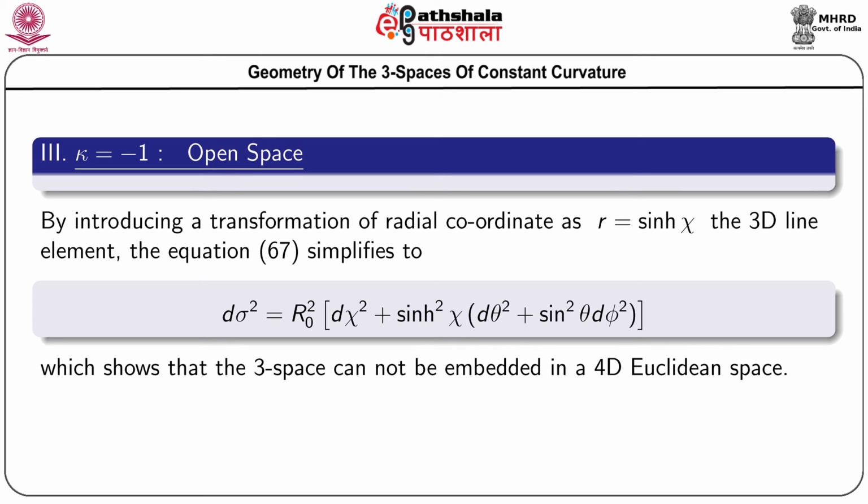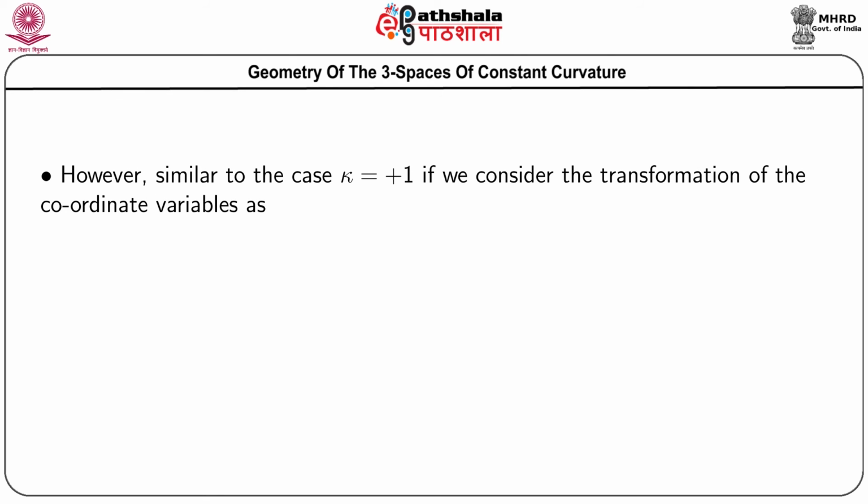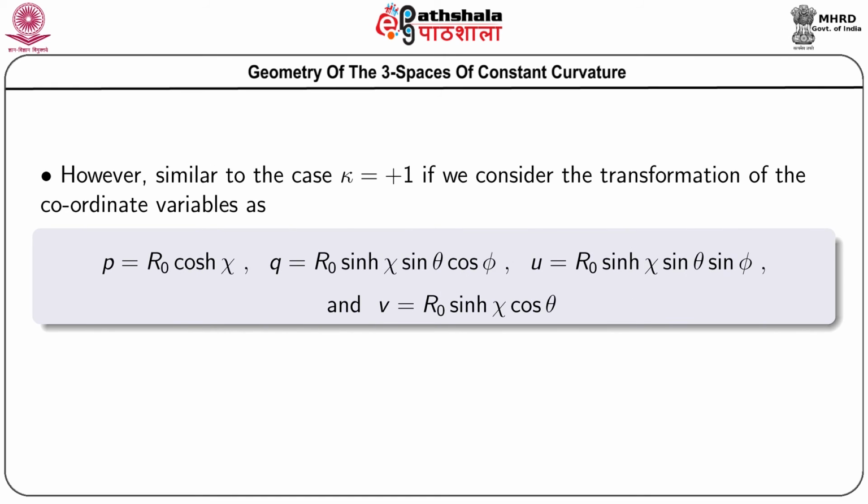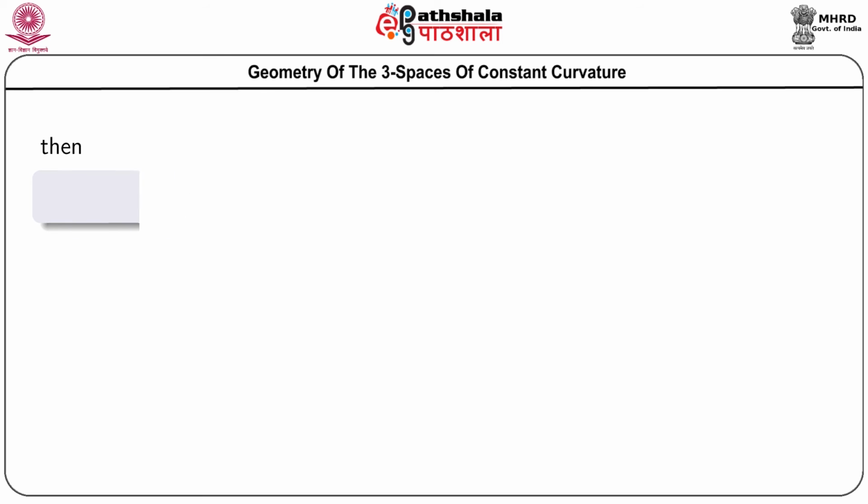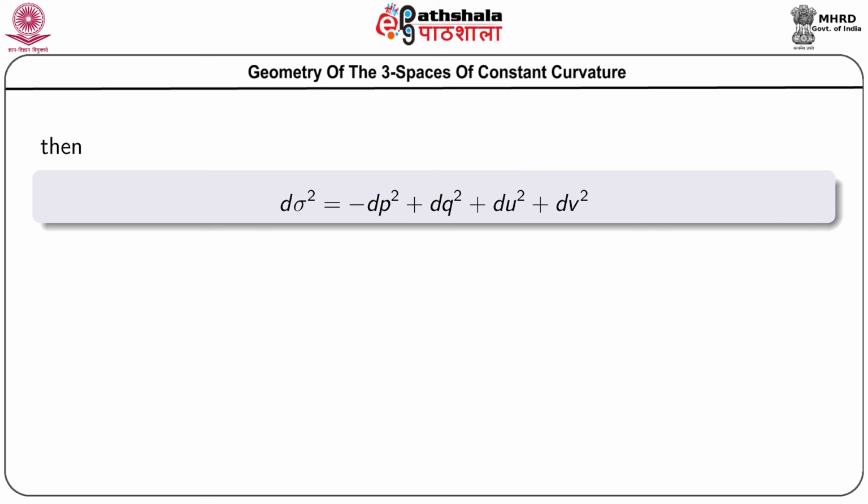However, similar to the case when kappa equals plus 1, if we consider the transformation of the coordinate variables in this form, p equals r naught cosh chi, q equals r naught sinh chi sin theta cos phi, u equals r naught sinh chi sin theta sin phi, and v equals r naught sinh chi cos theta, we have this form: d sigma square equals minus dp square plus dq square plus du square plus dv square.